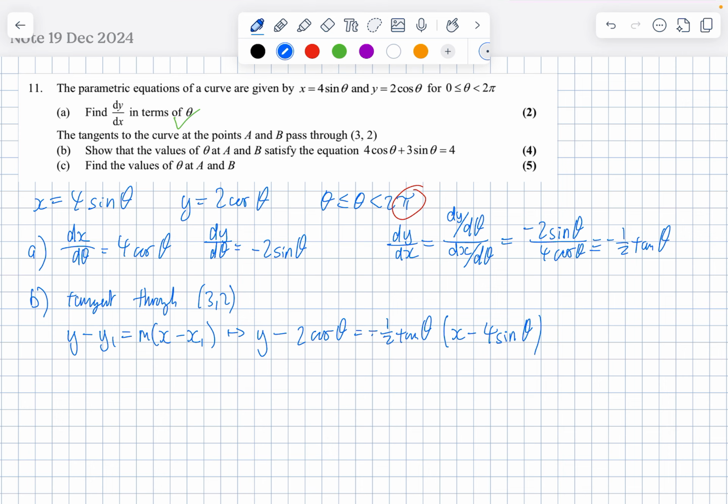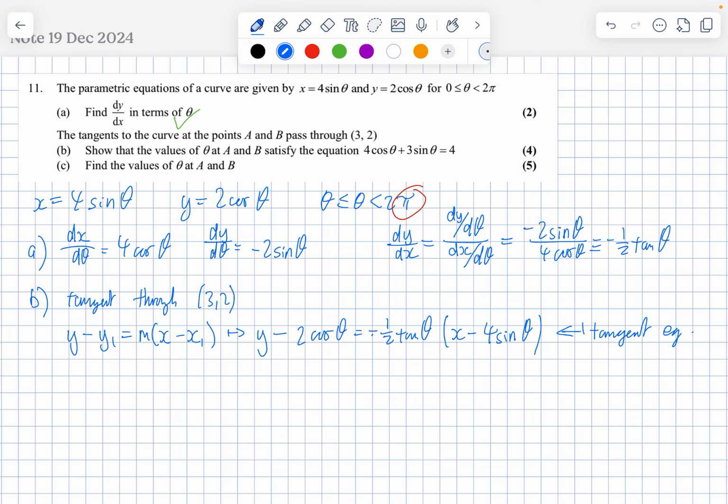Okay, so this is our tangent equation. Now what we need to do is turn this into 4 cos theta plus 3 sine theta equals 4 at A and B. Well, first thing, let's rearrange this.